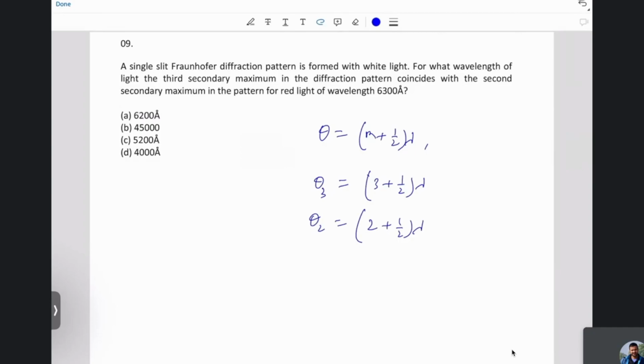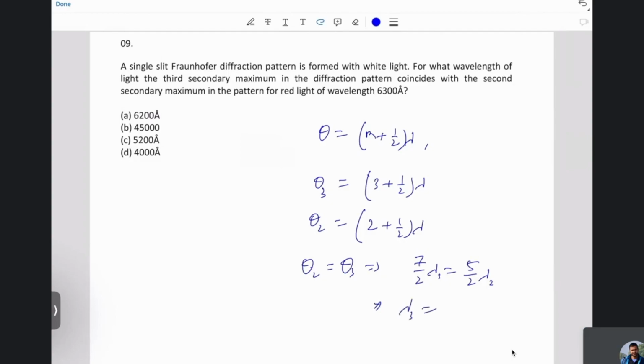Now the question is they are coinciding, so that means theta 2 equals theta 3, right? So 3 plus half is just 7 by 2 lambda equal to 5 by 2 lambda. This is lambda 3, this is lambda 2, and this lambda 2 is given as 6300, right?